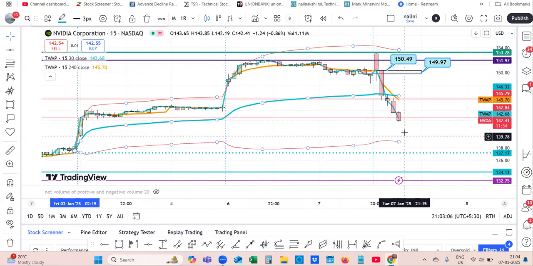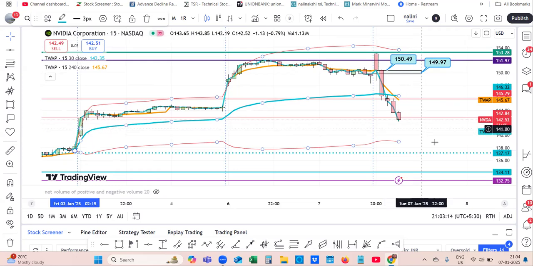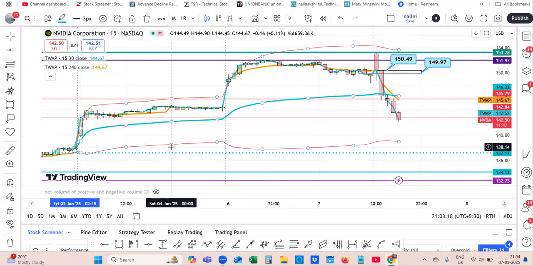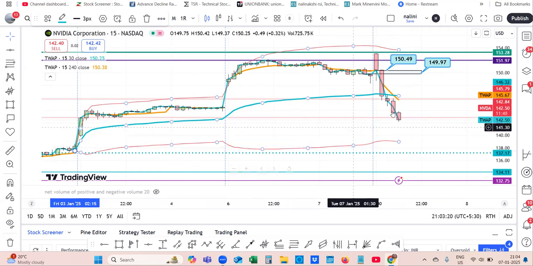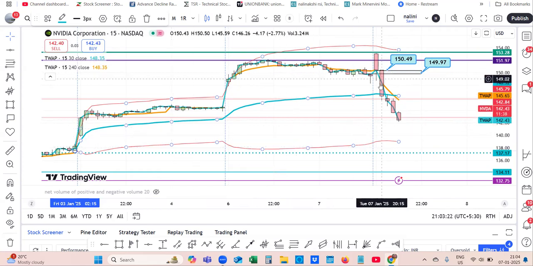So if the price comes to this band, probably after one or two candles, it may go sideways and it may snap back. Let us see. It's morning hours itself. 1, 2, 3, 4 candles.